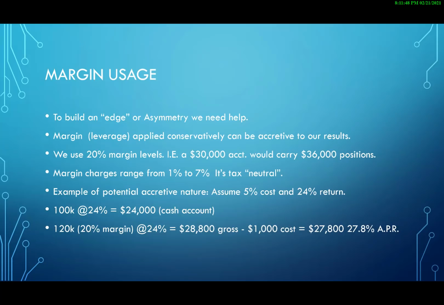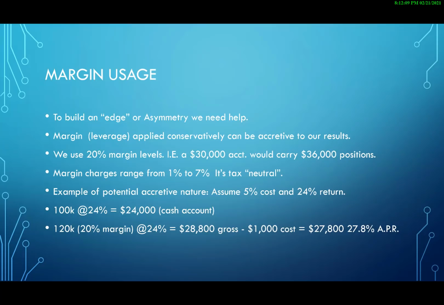Now, most of you understand margin. Margin is where your broker lends you money to go trade with. And you have 2 types of main margin that most people are familiar with. You have what's called standardized margin and what's called portfolio margin. Standardized margin is where the broker lends you 50%. So it is basically 50% down trading.